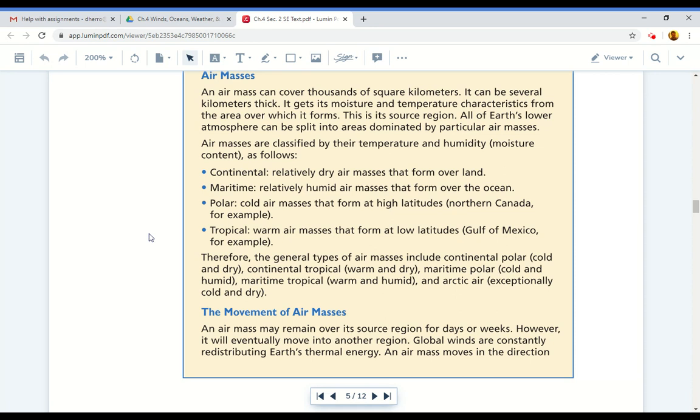Tropical: warm air masses that form at low latitudes, Gulf of Mexico, for example. Therefore, the general types of air masses include continental polar, continental tropical, maritime polar, maritime tropical, and Arctic air.